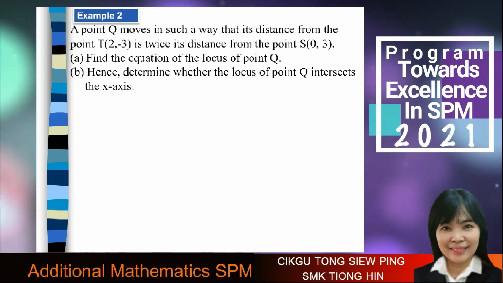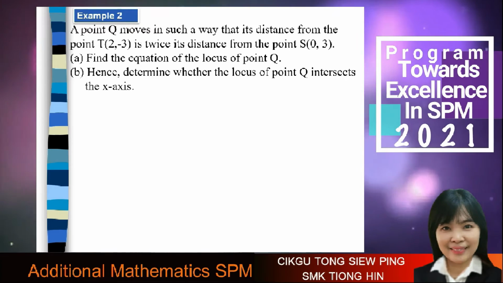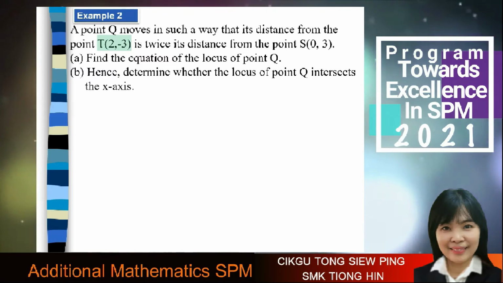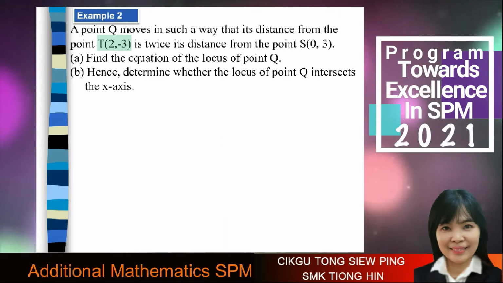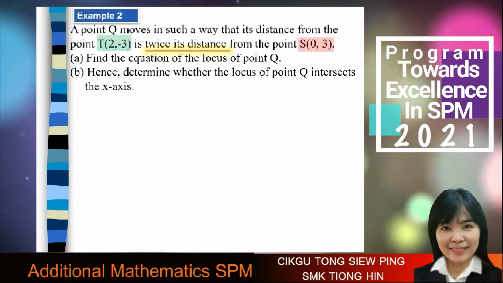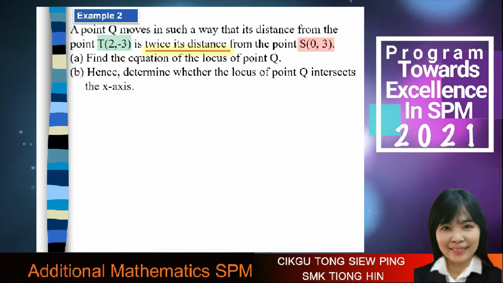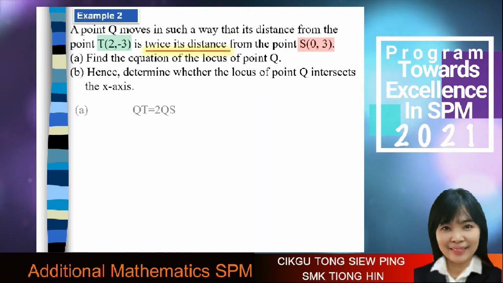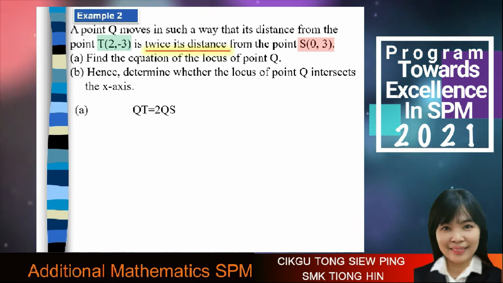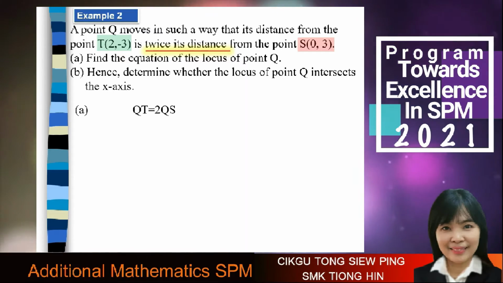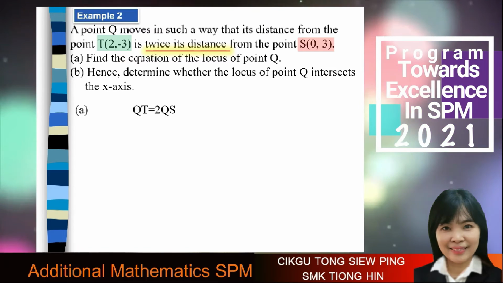A point Q moves in such a way that its distance from the point T is twice the distance from the point S. So from this sentence we know that Q is a moving point and we have QT is equal to 2QS. We can find the distance of QT by using the distance formula.